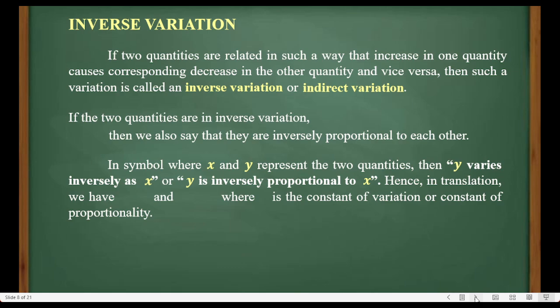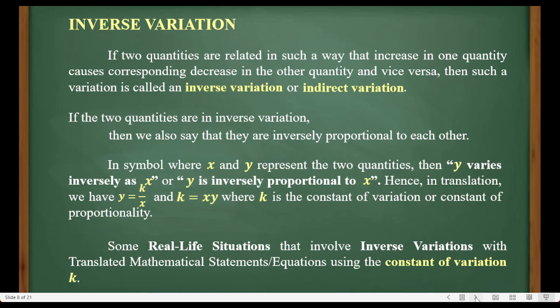Therefore, if we translate this statement into mathematical symbol, we have y is equal to k over x. Or if we transform the equation solving for k, we have k is equal to xy, where k is, again, the constant of variation or the constant of proportionality.